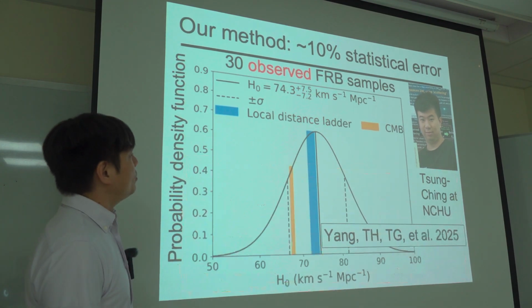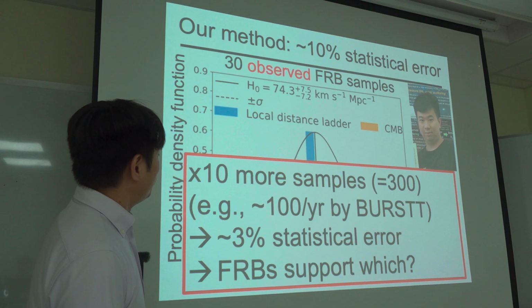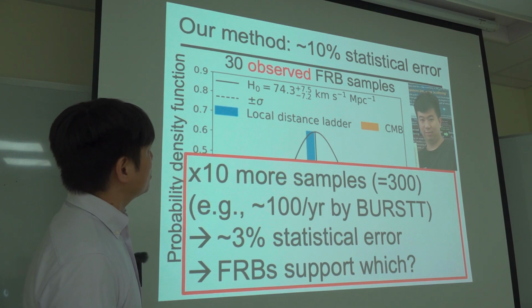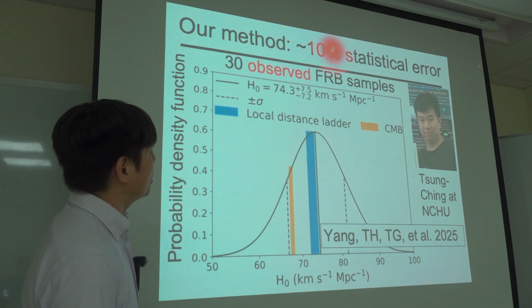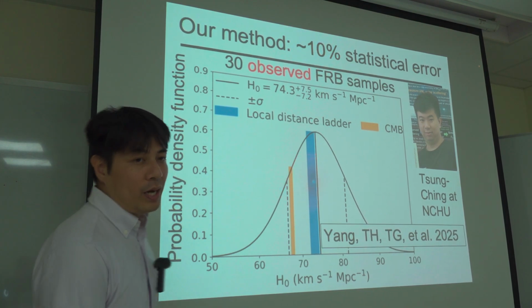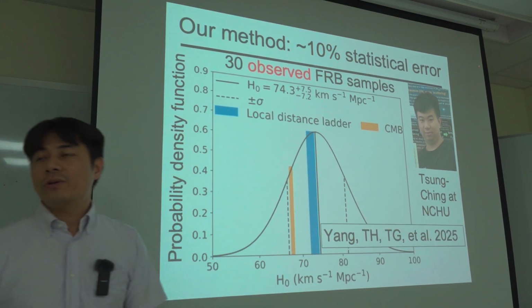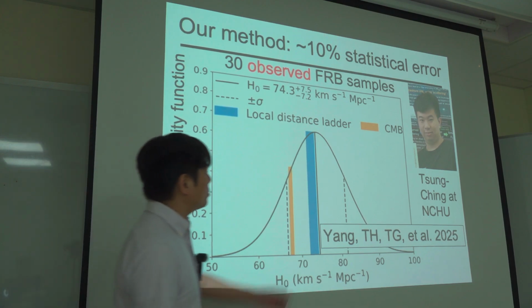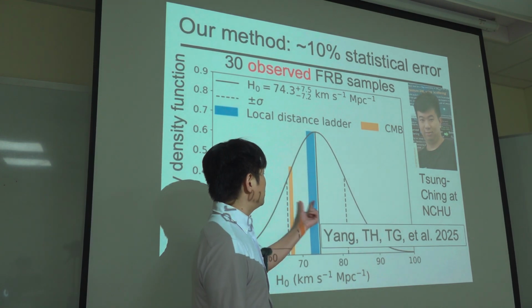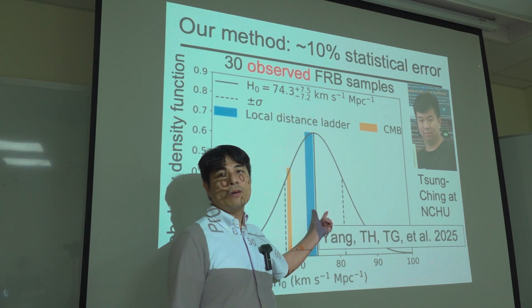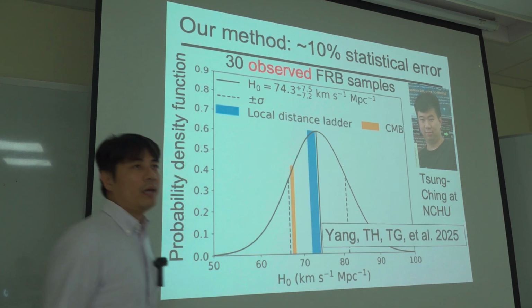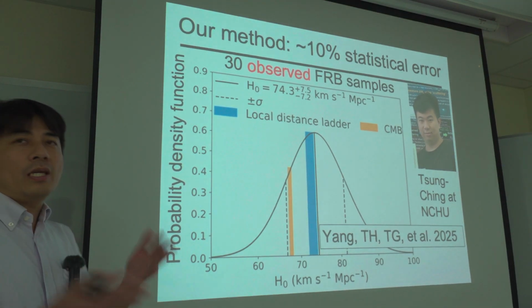If we can reduce it by a factor of 3, then this currently 10% statistical error becomes 3%. If you get 3%, then this is small enough to differentiate between CMB and type I supernova. Then we will know the conclusive answer which FRB will support.